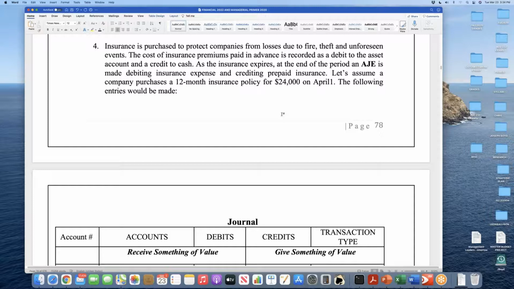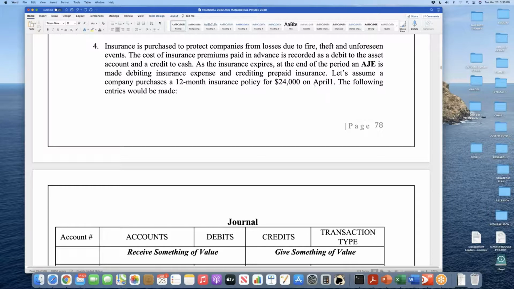If you got a 12-month policy, 2,000? 24,000, what is the monthly amount of insurance that's expiring? 2,000? I hope you said 2,000. I did. Okay. So 12-month policy, 24,000. 12 into 24 goes 2,000. So this insurance is expiring at the rate of 2,000 a month.